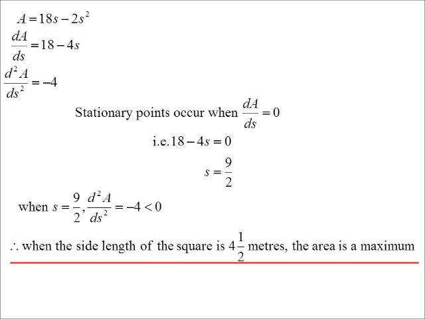The interesting thing though, if the side length of the square is 4.5 meters, how long does the rectangle turn out to be? Yeah, 4.5 as well. Actually it turns out my rectangle is also a square. And you'll find this a lot with these maximisation problems, that for want of a better word, the perfect shape will always maximise the area.